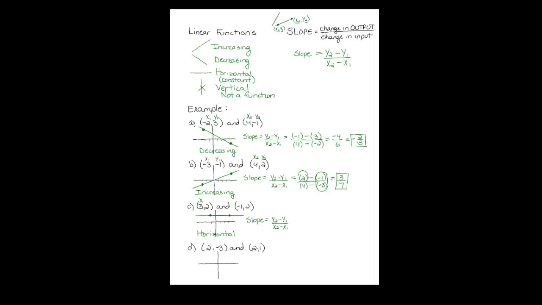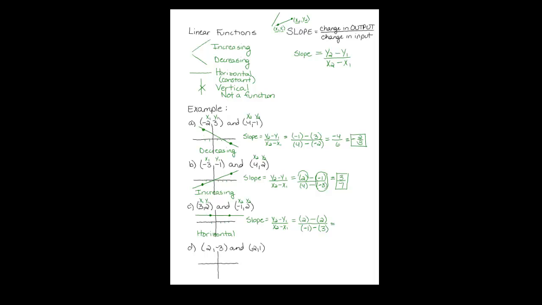Labeling the points, there's x1, y1, there's x2, y2. Plugging in the values, y2 is 2 minus, y1 is 2 divided by, x2 is negative 1 minus, x1 is 3.